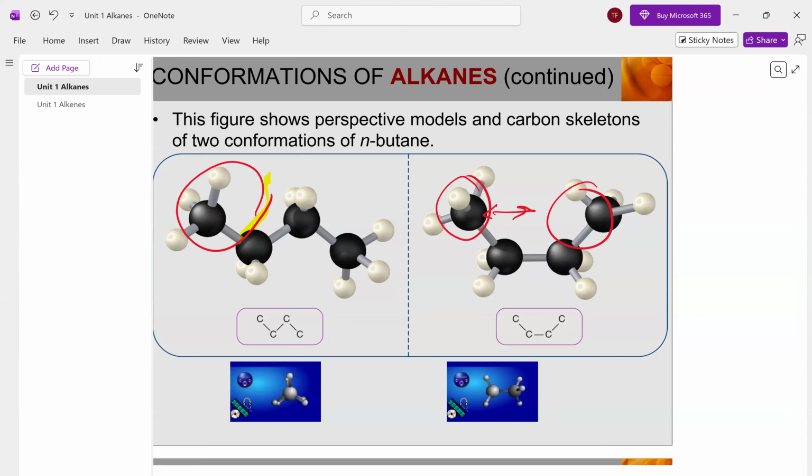Not stable. It's stable, but not as stable as the one on the left. So this is called steric hindrance. And that'll determine shape. It also determines how easily a reaction will go.